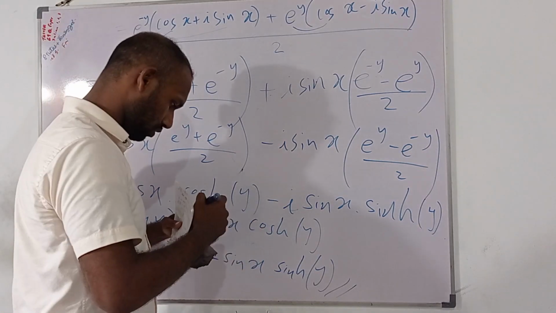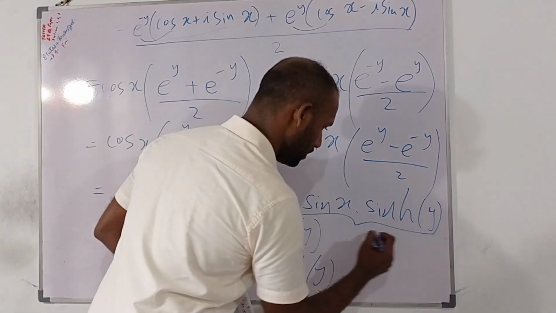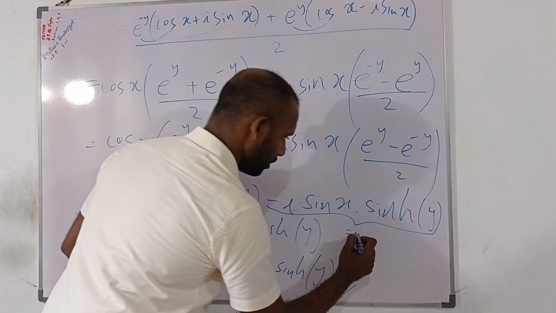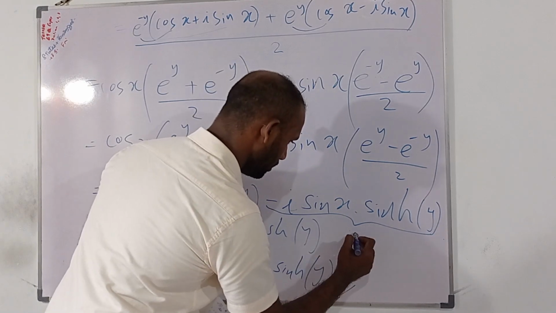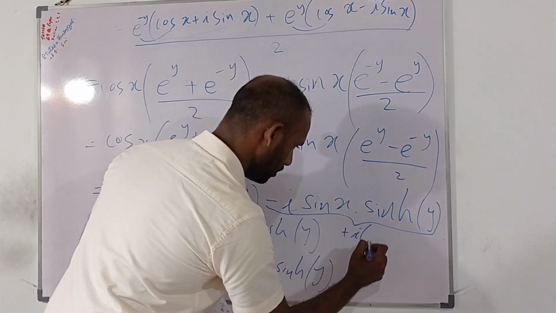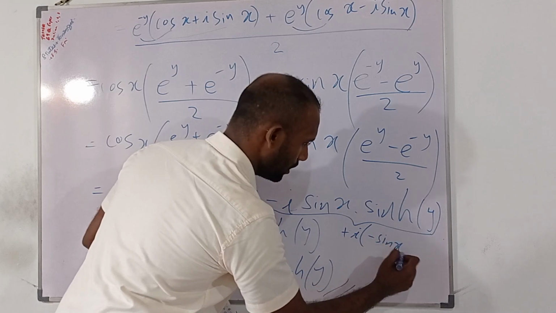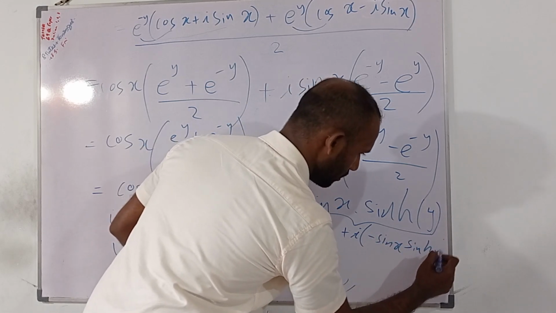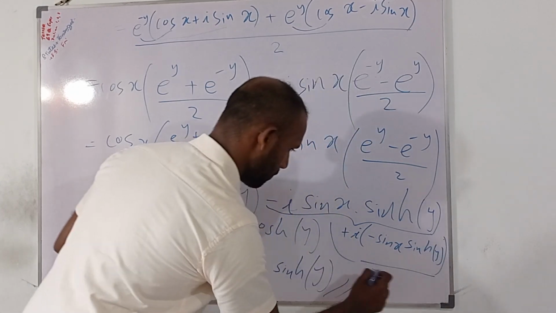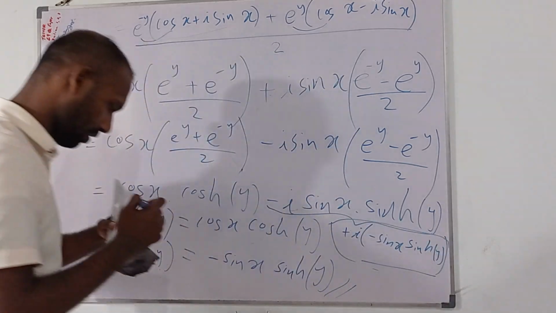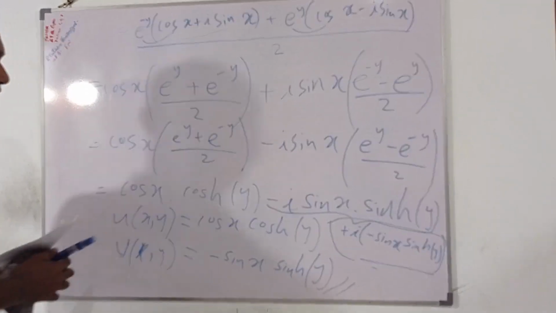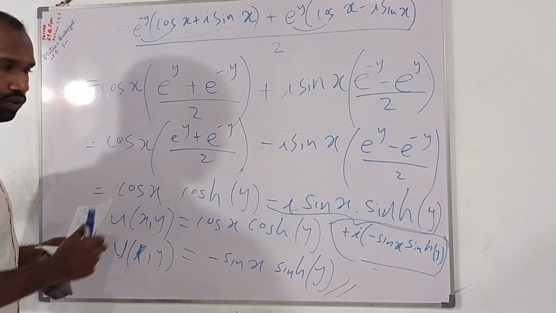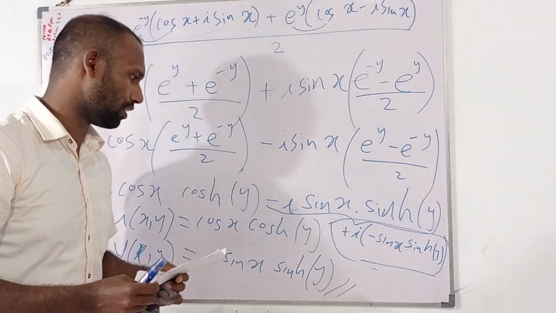So this can be written as u plus i times v, where v is minus sin x sin y. Okay, so now you can understand.